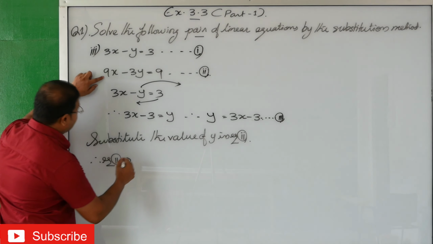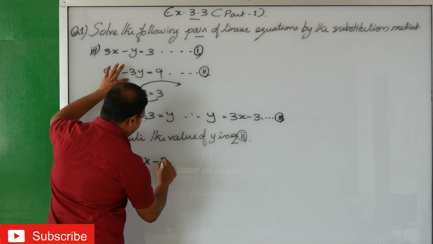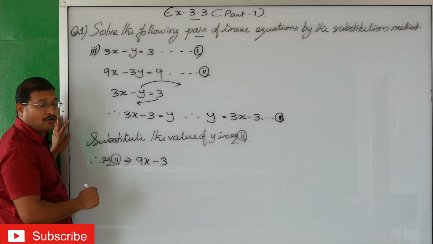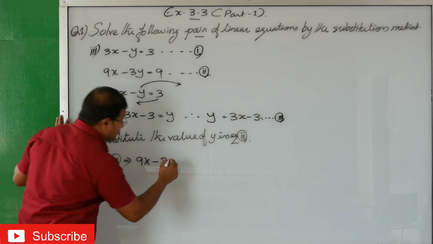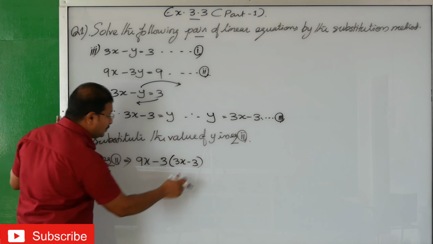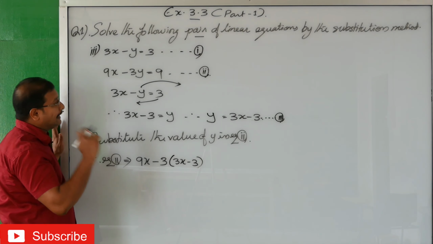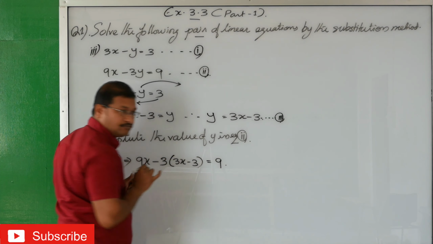So we'll write 9x minus 3. In place of y, we will write the value of y. What is that? That is 3x minus 3. Because there are two terms, it is better to keep it in a bracket. This equals 9.